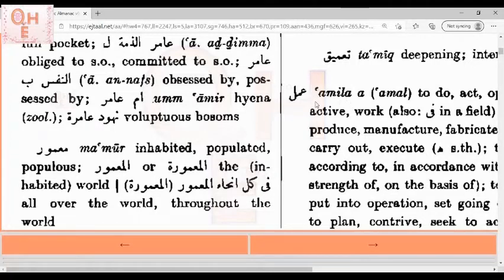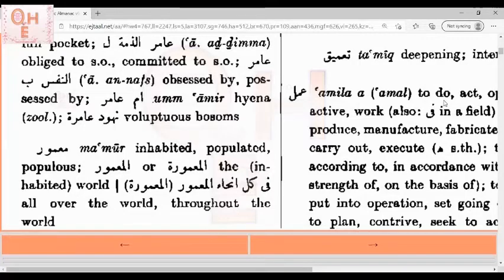And the transliteration tells us the past tense pattern is Amila. And the second root letter, mim, has a kasra. So I will construct the present tense pattern. Ya fatha, ain sukun, mim fatha, lam dhamma. Ya'malu. Amila, ya'malu. Base meaning is to do.